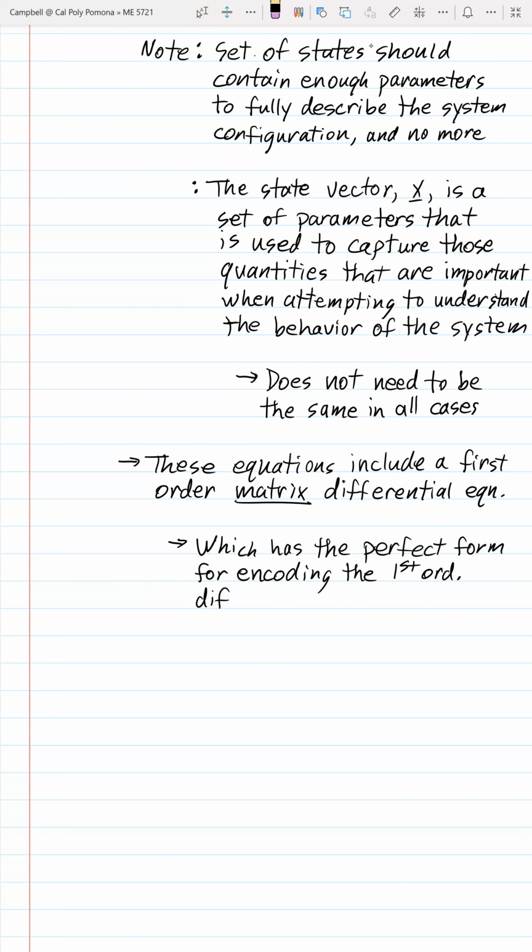You'll do diff EQs, developed previously back in step 1, associated with this approach. There we go.